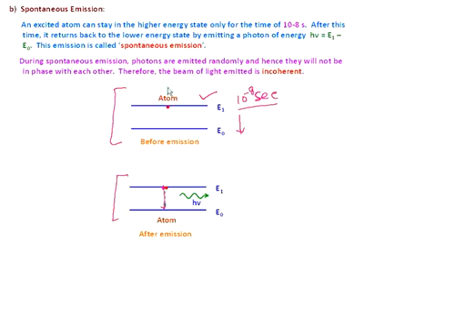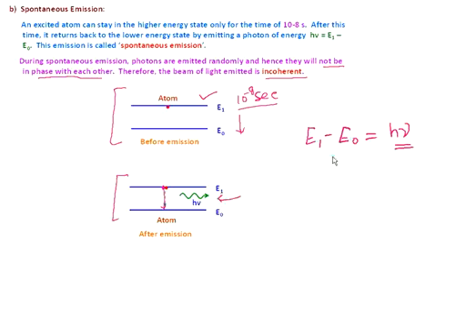During spontaneous emission, photons emitted from the excited state are emitted in random directions, and hence they will not be in proper phase with each other. So this kind of light is known as incoherent light. Here E1 minus E0, the excited state and ground state difference, is equal to h nu. So h nu is the energy of the emitted photon, which is shown here.